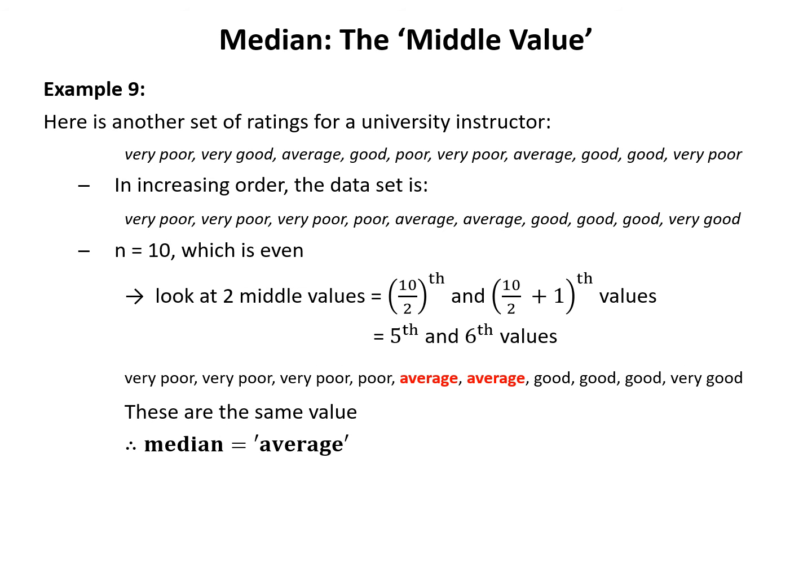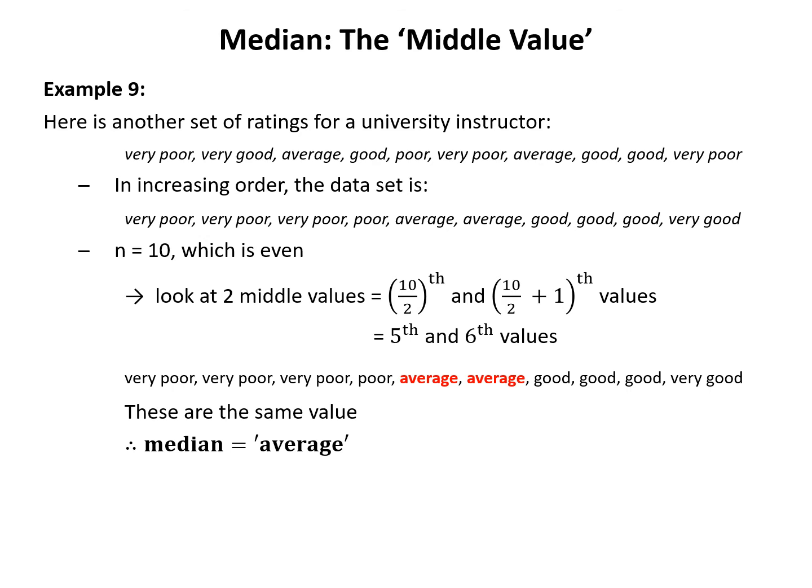In example 9, we have another set of ratings for a university instructor. We put them into increasing order first. Now here we have n equals 10, which is even. So we're interested in looking at two middle values. They are the 10 over 2th and 10 over 2 plus 1th values, which are the 5th and 6th values. And we can see here that these are the same value.